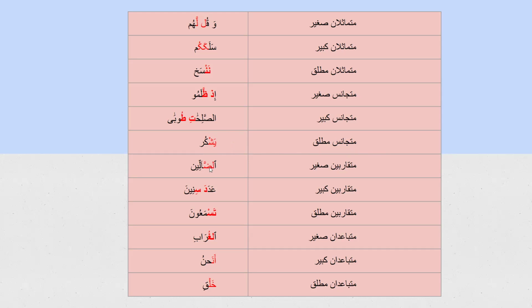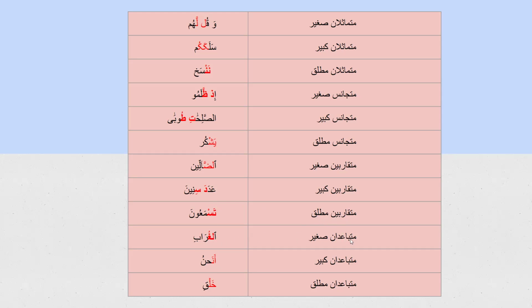Ad-dallina, lam and the dad, so it is mutaqaribain, saghir. First is sakin, second is mutaharrik. Adada sinina, dal and the sin is mutaqaribain, kabir. Tasma'una, mutlaq. First is mutaharrik, second is sakin, so mutaqaribain, mutlaq.